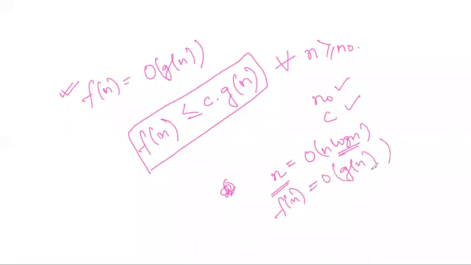Then I put in this equation, that is n less than or equal to C of g(n). My g(n) is n log n, like this, right?